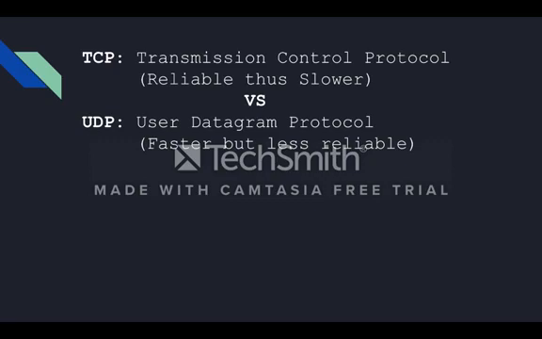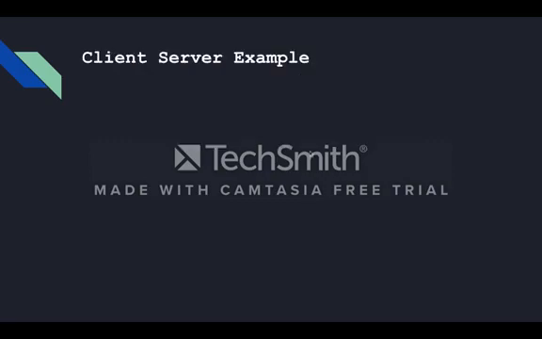But when we talk about UDP, we're talking about really quick transmissions, sending of data that's really quick, and there's no error checking. So it's really fast, but it's less reliable. Oftentimes you don't know where the bits are going to go.